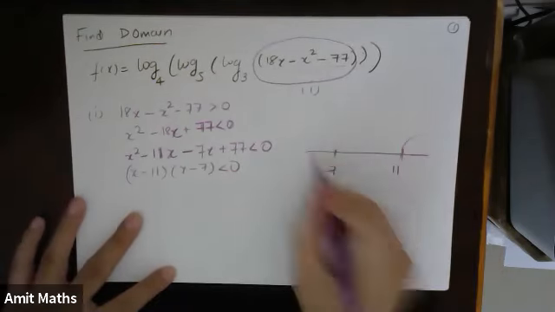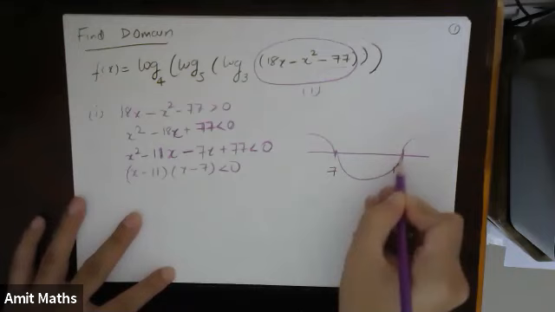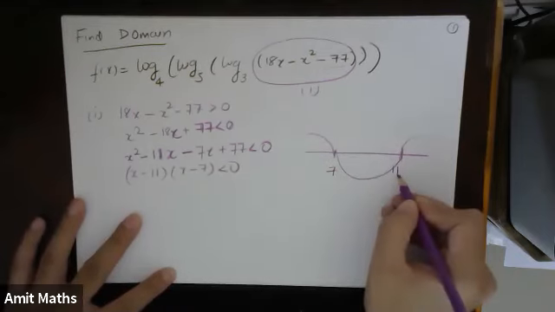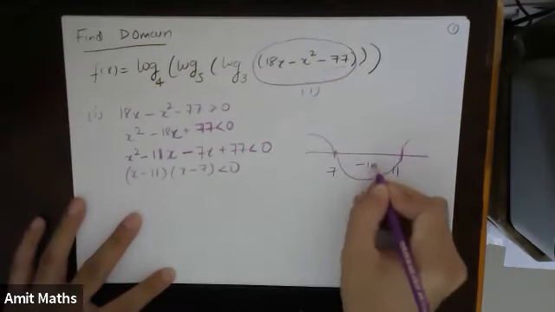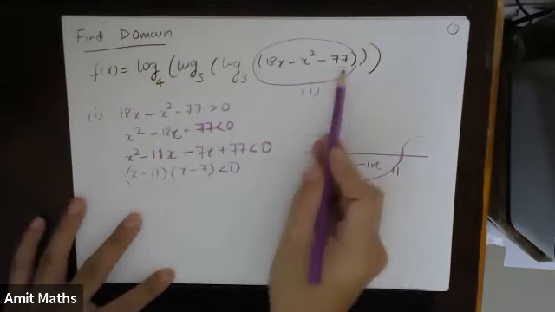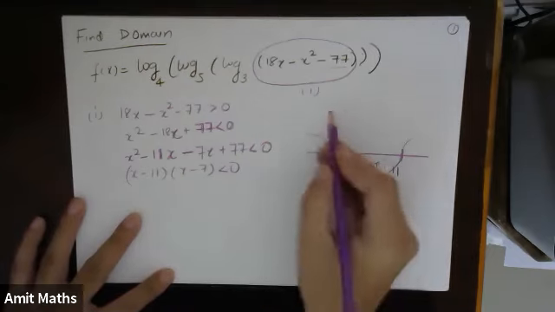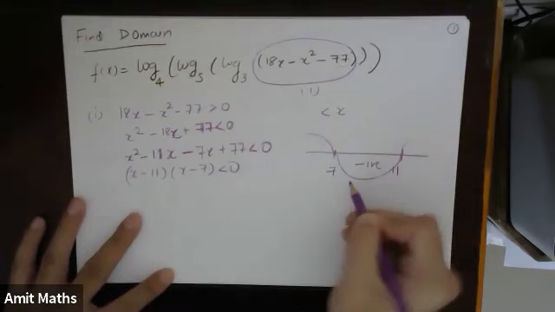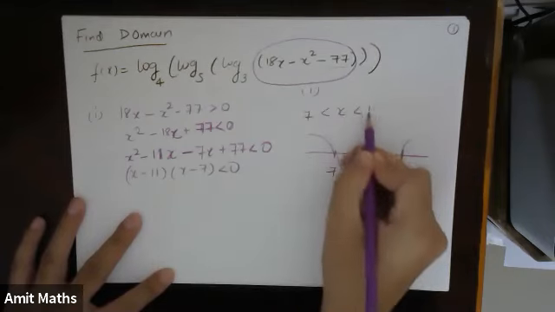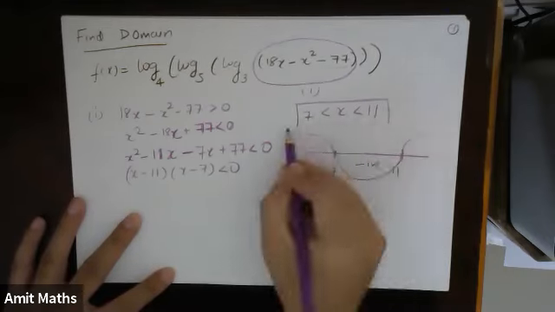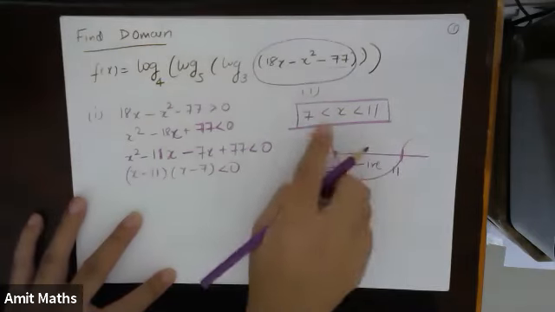At infinity it is positive, at minus infinity it is positive, and between 7 and 11 it is negative. So the x value has to be greater than 7 and less than 11. This is the first domain which we got.